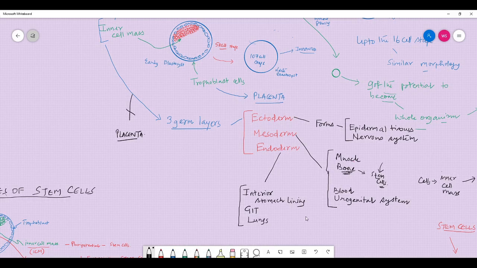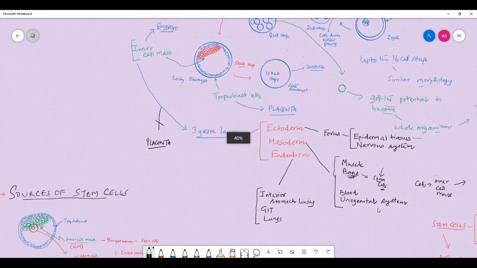These obviously are found in the organism. They are not found in the embryo. So a bone cell is not technically found in the blastocyst. Only when it becomes a fully grown embryo can you see bone cells.